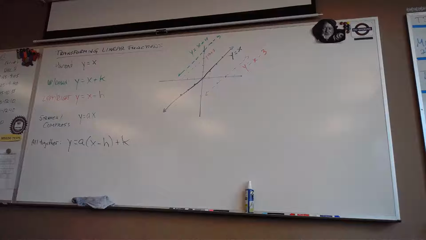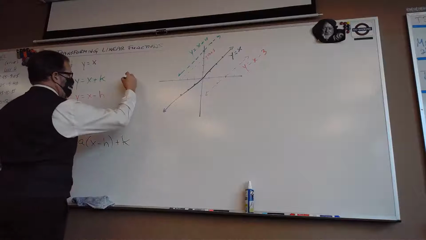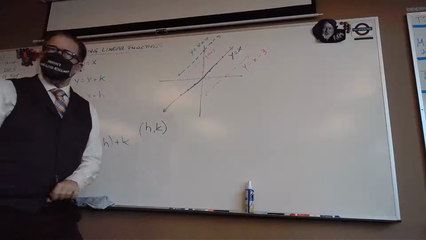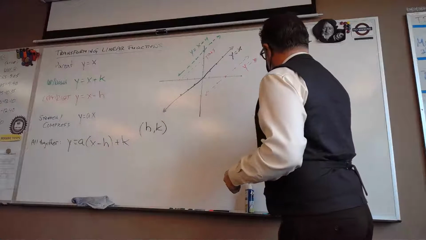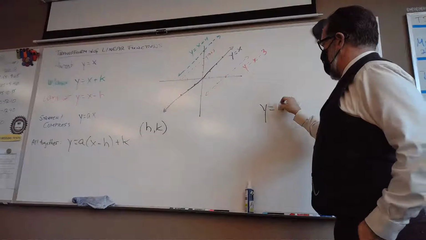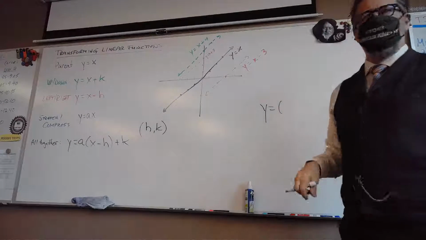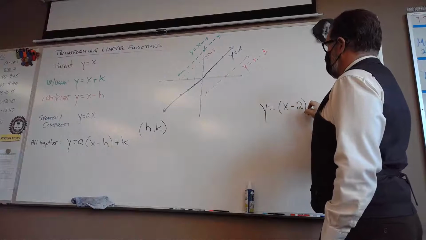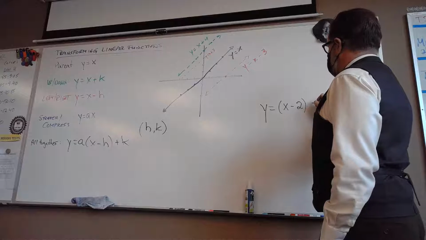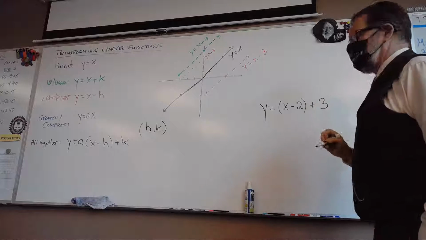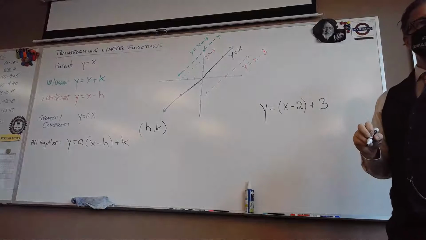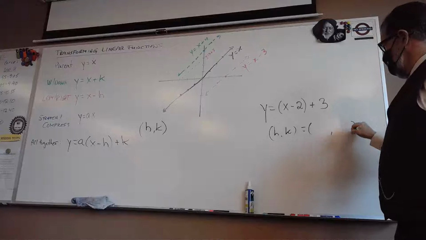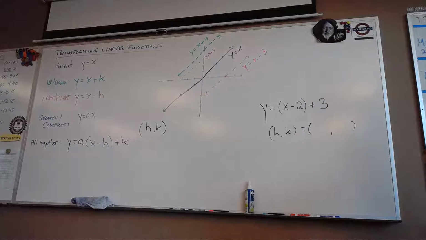But let's look what happens to point h, comma, k on our graph. I am going to graph y equals, and I'm going to leave a as 1, just to not confuse the issue, x minus 2 plus 3. What's h comma k? Anyone? Shout it out.